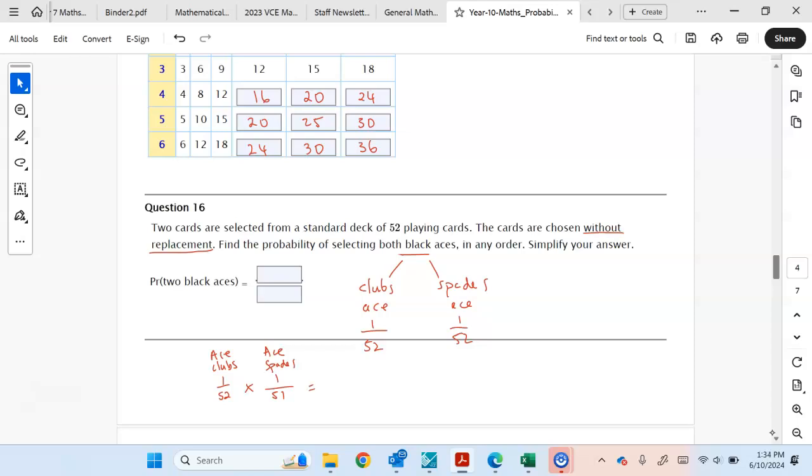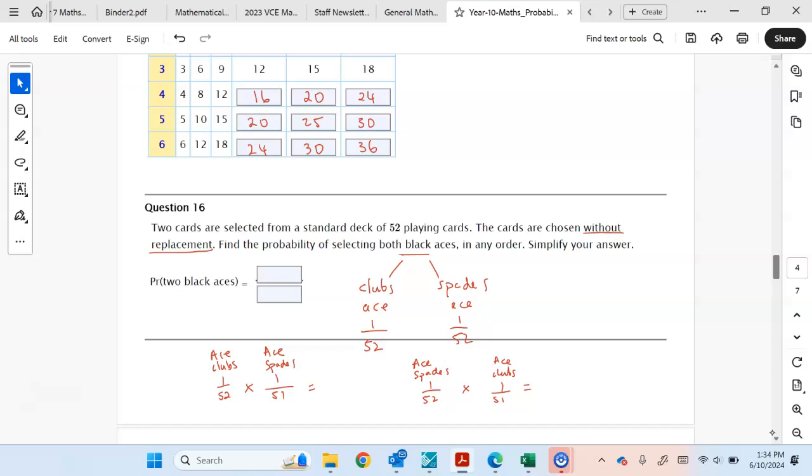Then it could be reversed, but the outcome is the same. If we did the ace of spades first, it would be 1 over 52, and then if we had the ace of clubs second, it would be 1 over 51. You can see it's the same, so I'm just going to do it on the calculator 2 times that, because it's the same thing.